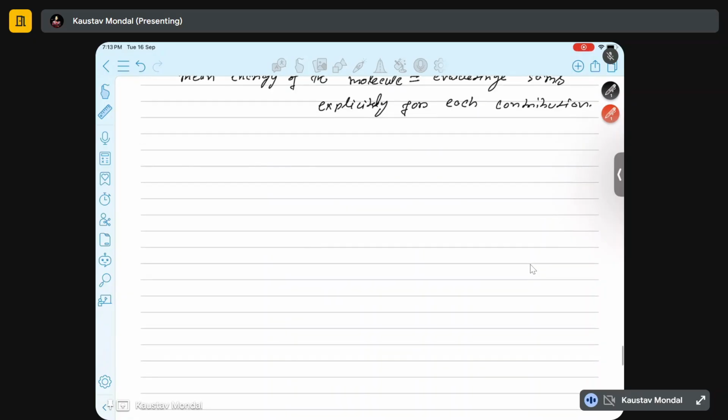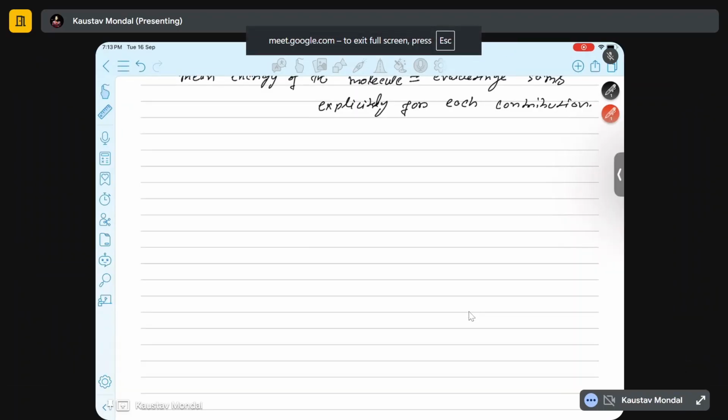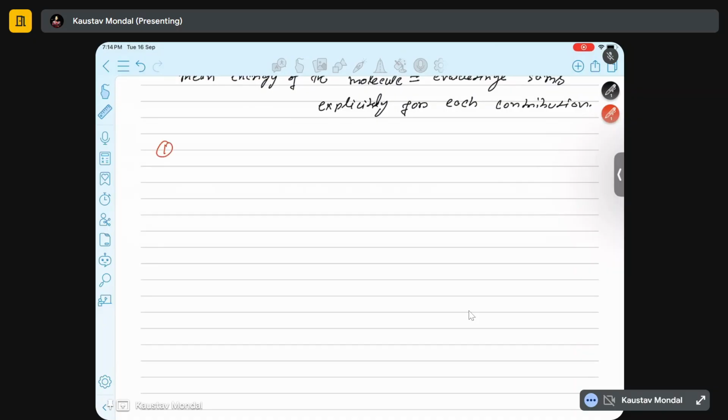So first, we will calculate the mean translational energy of it.